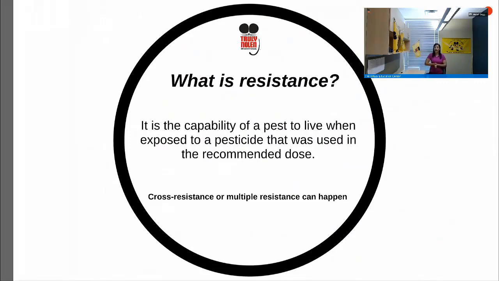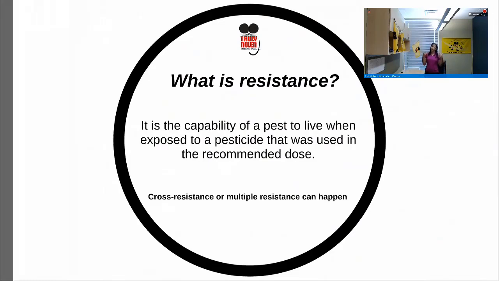And then in the second case scenario, we have multiple resistance, which is more rare to occur, but it could, in which a pest, I'm going to give a practical example that's true, like German cockroaches. Some populations of German cockroaches are resistant to 2 or more classes of pesticides.